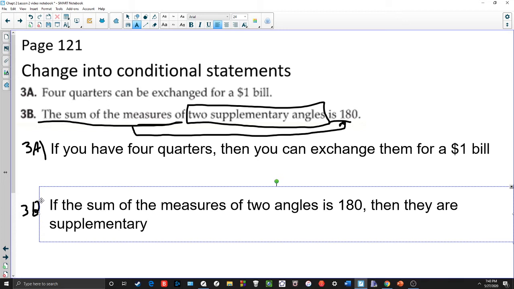Or for 3a, I could say if you exchange coins for a $1 bill, then you had 4 quarters. So you can change it around. You have a little bit of leniency with how you organize this, as long as the end statement makes sense.